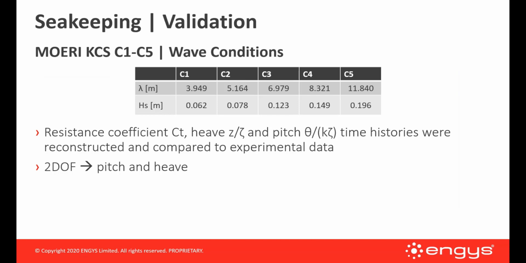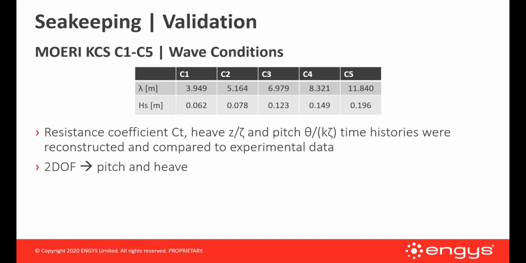In terms of wave condition, we move from C1 to C5, from the shortest wavelength to the longest wavelength. In this particular case, the objective of the work was to calculate the resistance coefficient, heave, and pitch time history motions by taking the raw data signal and then reconstructing using a Fourier transform and comparing to the experiments.